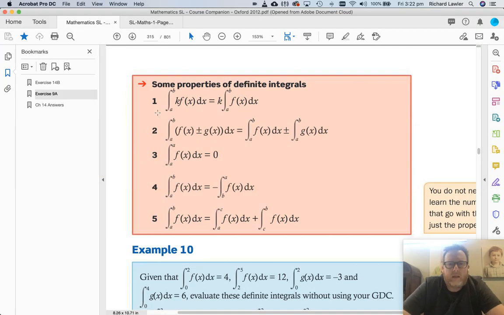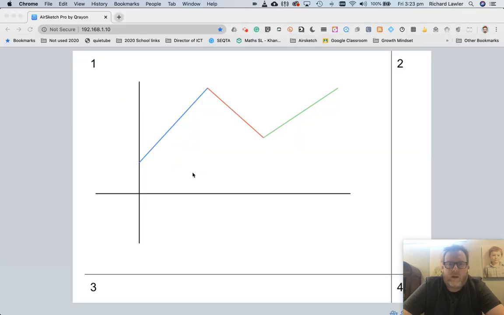The second one says the integral between b and a of f of x plus or minus g of x dx is the same as the definite integral of f of x plus or minus the integral of g of x. And I've got 3 parts of my function here. We could call this f, g, and h of x if you like.